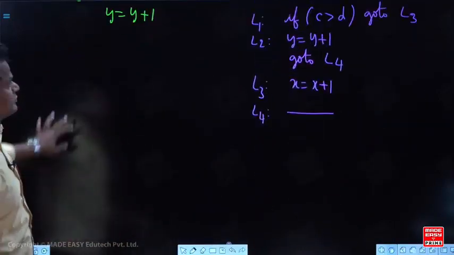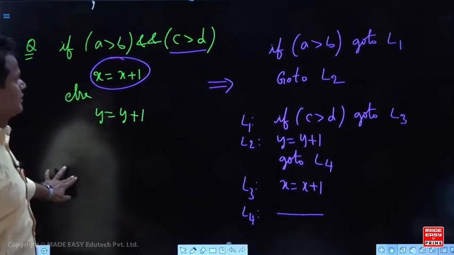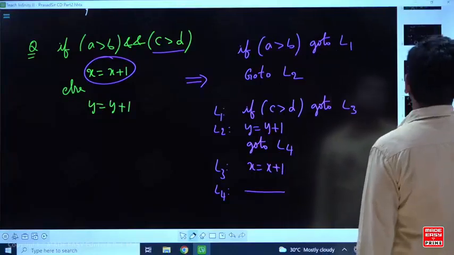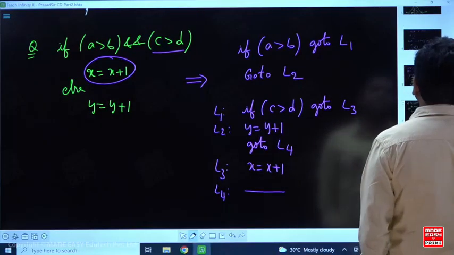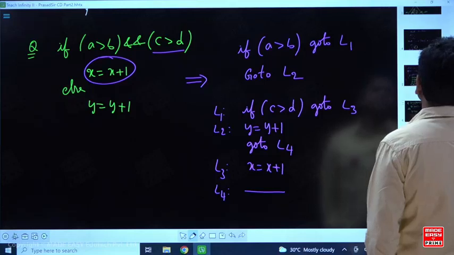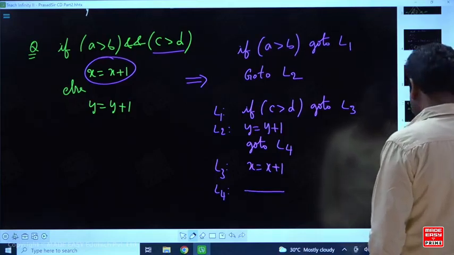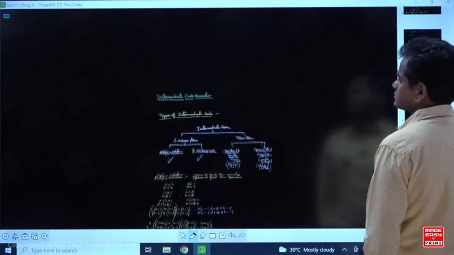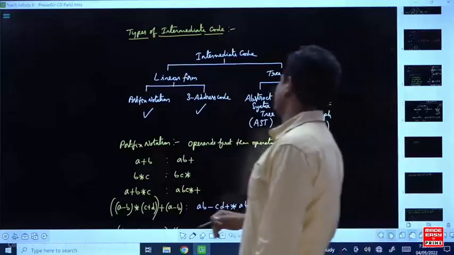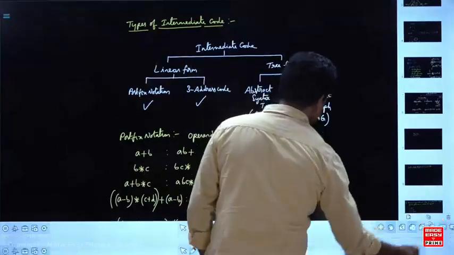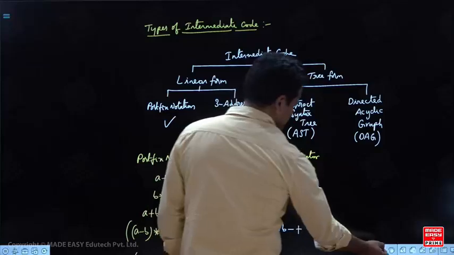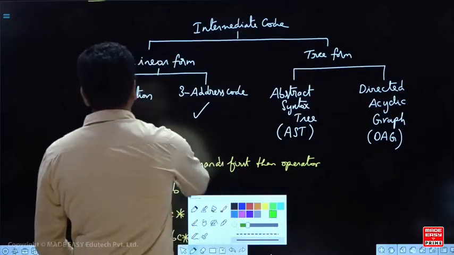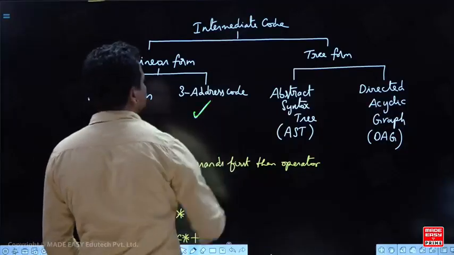Now we go to the next one. So we have done postfix notation, 3 address code.